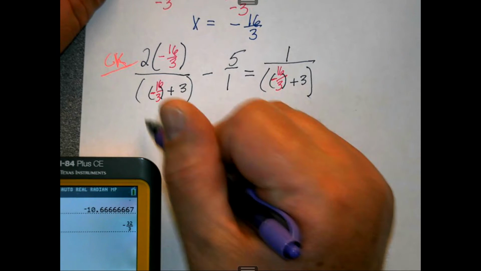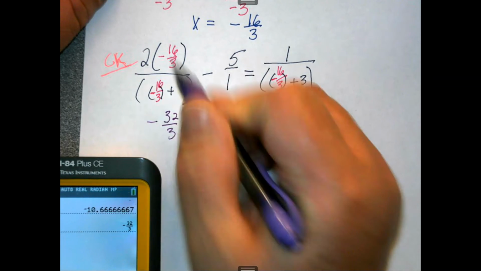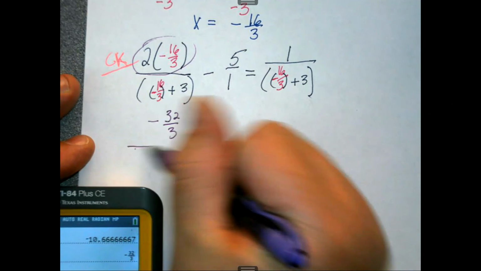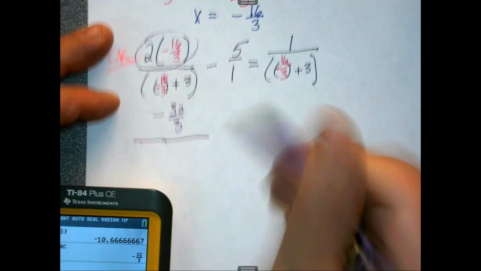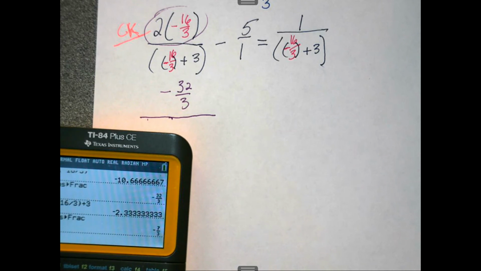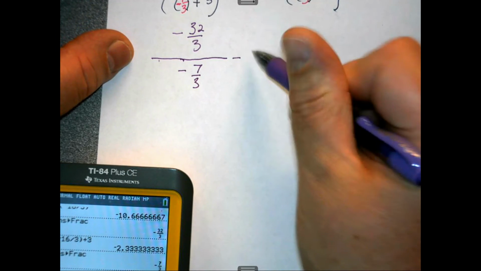And I have negative 32 thirds for the numerator. For the denominator, I get, let's see, negative 16 thirds plus 3, math enter, enter, over negative 7 thirds, minus 5 over 1.